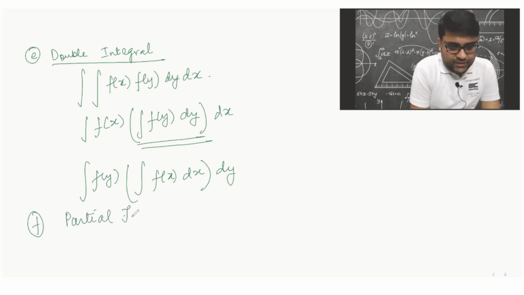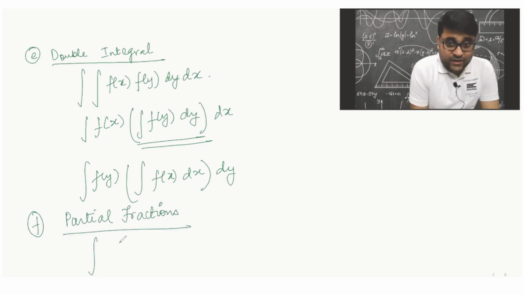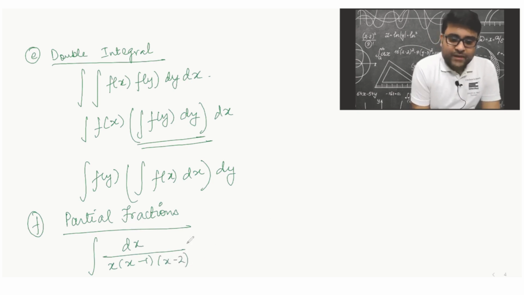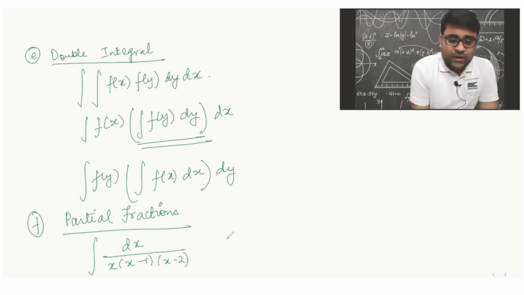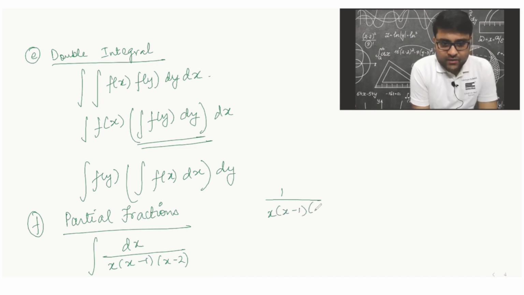Integration by partial fractions. This again we'll be doing today, wherein if I have a function like this, supposing we'll have x into x minus 1 into x minus 2. So if I have to break this up into partial fractions, what I'll do is 1 by x into x minus 1 into x minus 2.